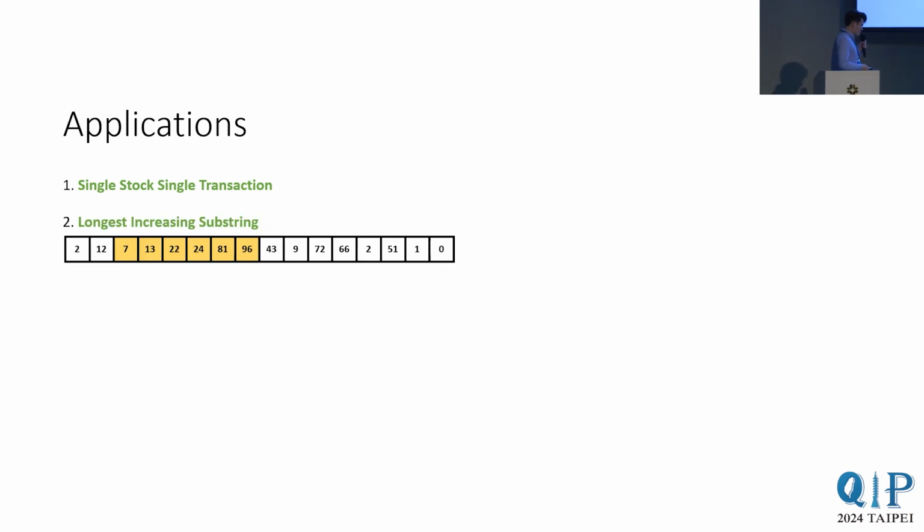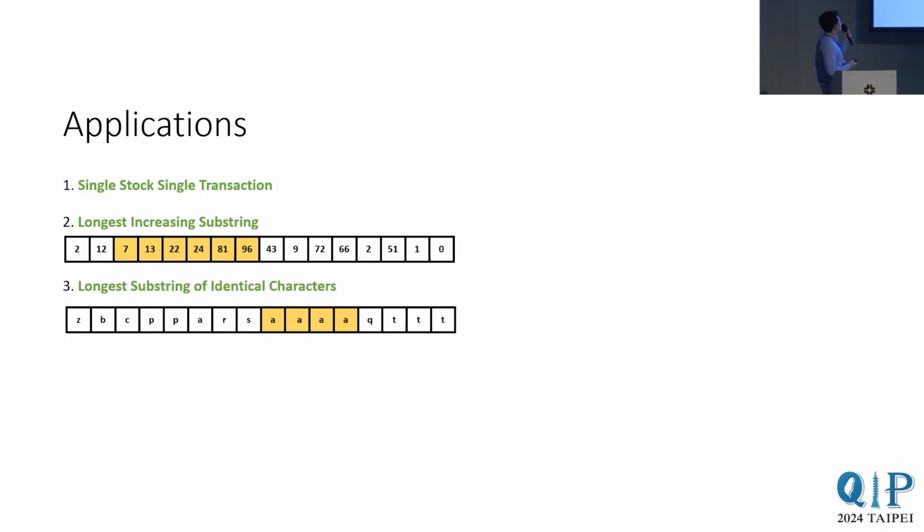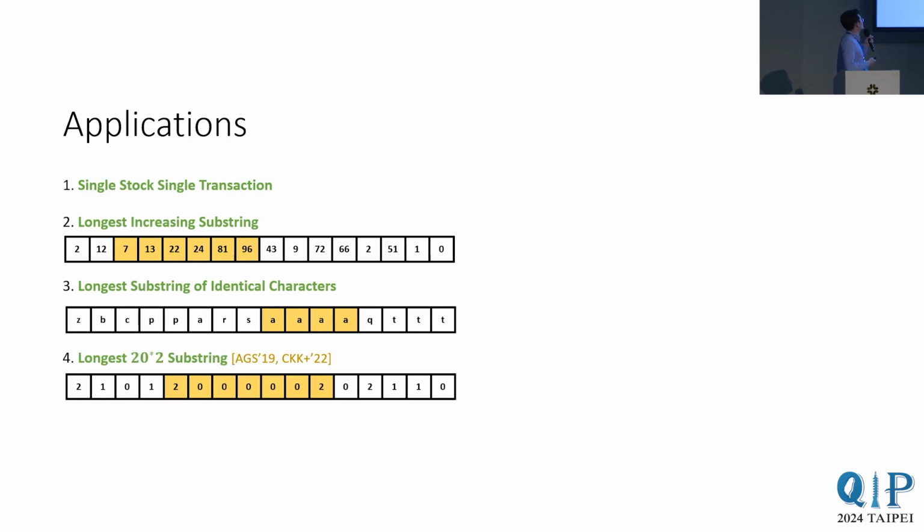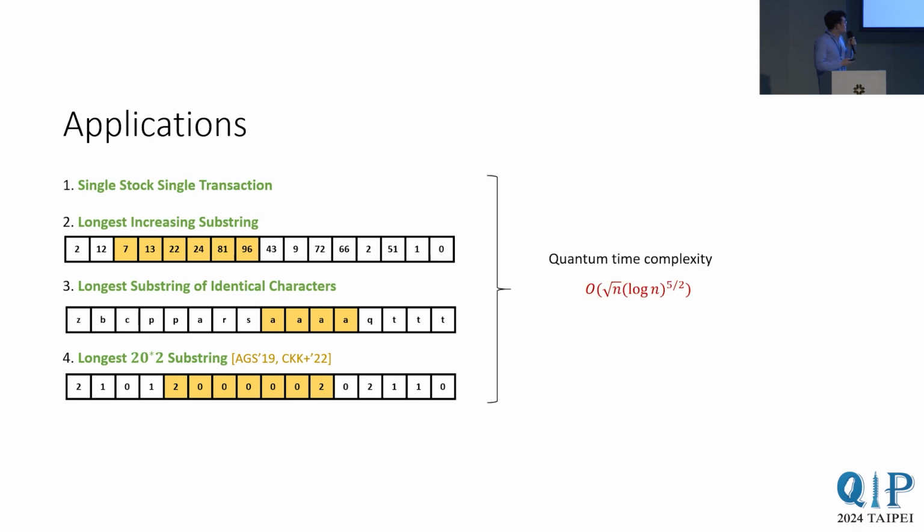So the first one, besides the stock problems, we also consider the longest increasing substring problem, the longest substring of identical characters, and also the longest 2, 0, star 2 substring, which is a very famous, well-studied problem by Aronson, Gilyén, and Schaeffer in 2019, and also by Charles et al. By our bottom-up approach, we can prove the quantum time complexity of all of these problems is square root n times log n to the 5/2.